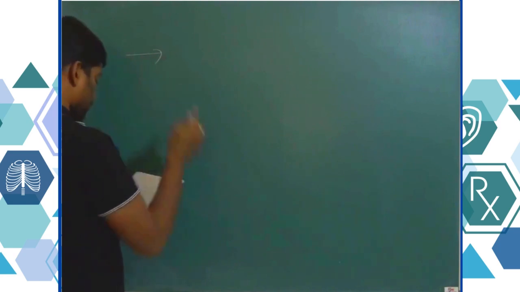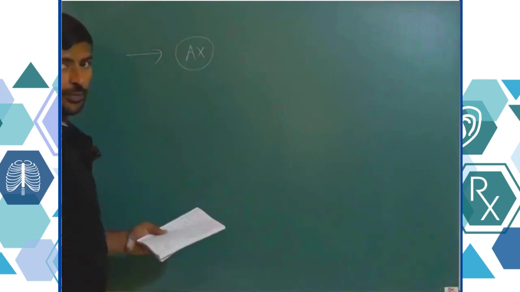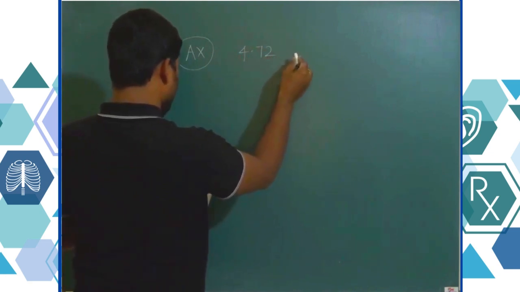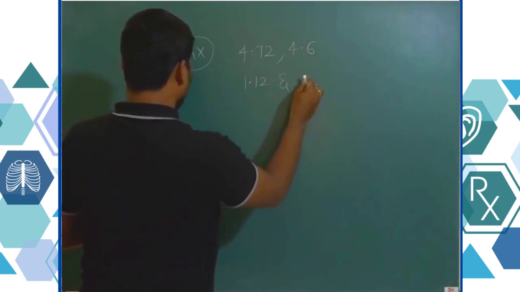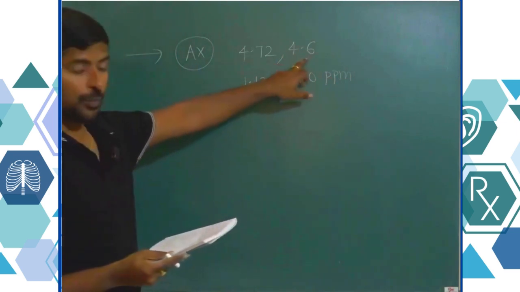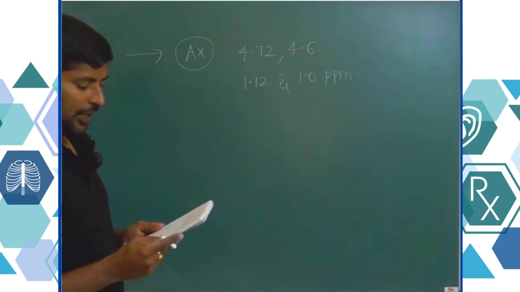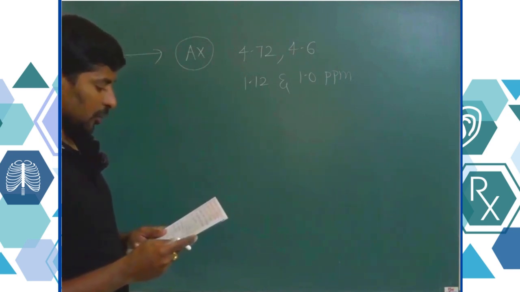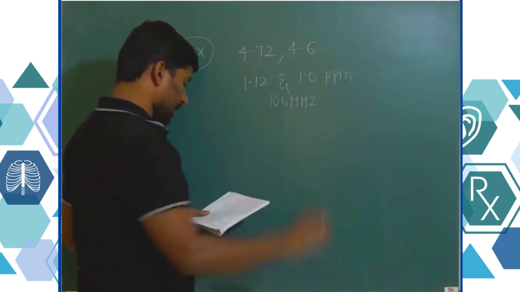Next one from NMR spectroscopy, an AX system. Only two types of protons we have. An AX type of system gave lines at 4.72, 4.6, 1.12 and 1.0 ppm away from the TMS using an NMR spectrometer operating at 100 megahertz.